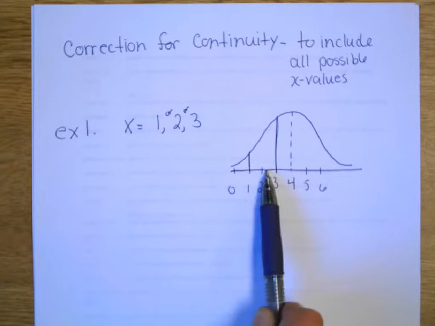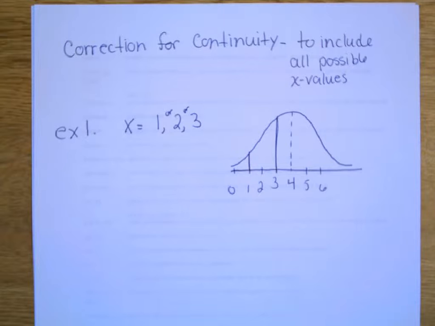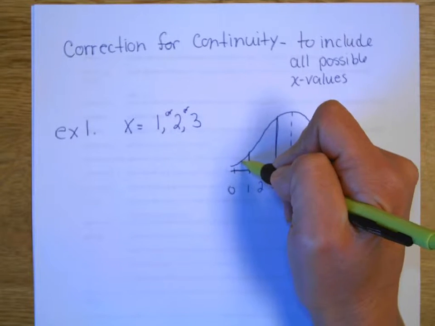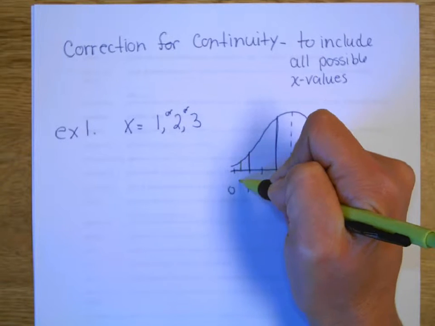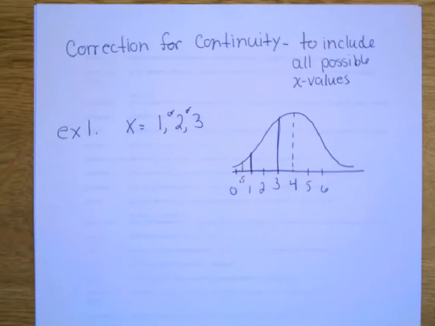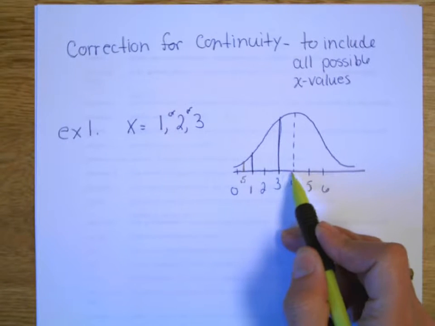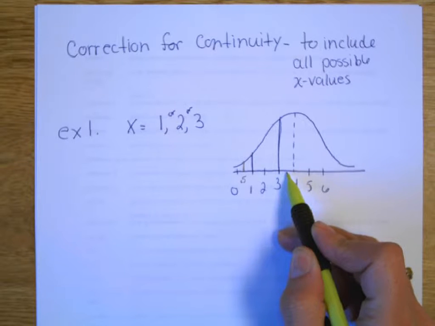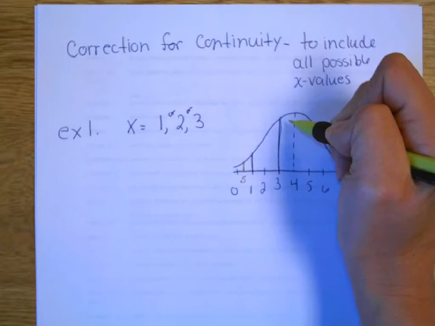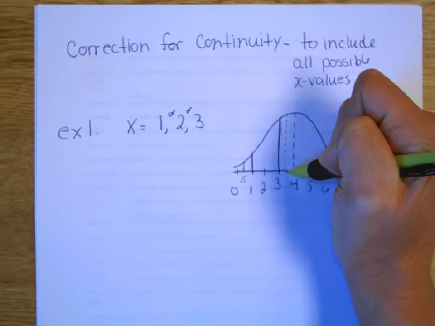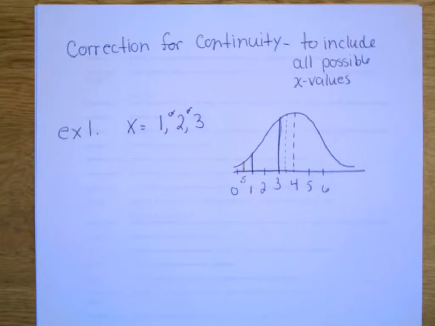I've got all the ones that round to 2 for sure, so I need to back up my 1 to include the numbers that would round to 1. How far back do I go? 0.5, because 0.5 and up rounds to 1. So we correct the 1 to make it a 0.5. What numbers up here round to 3? Everything up to and not including 3.5. I could make the line dotted. It's not going to make a difference in the normal world, but 3.5 is my cutoff.